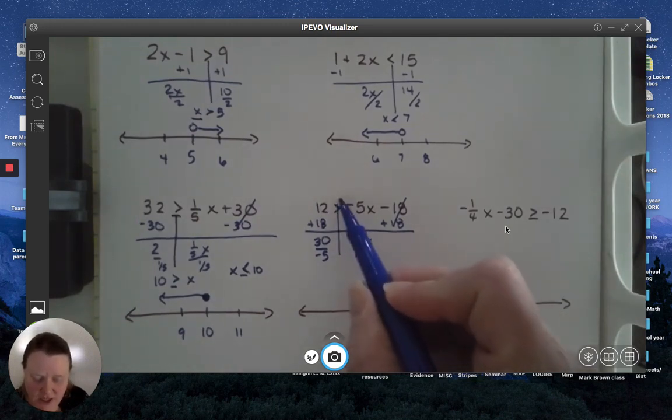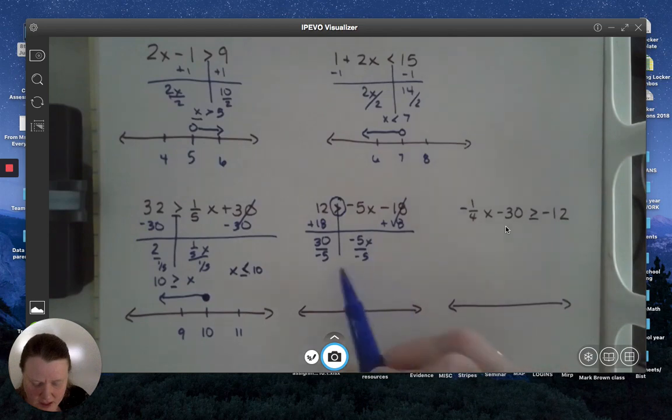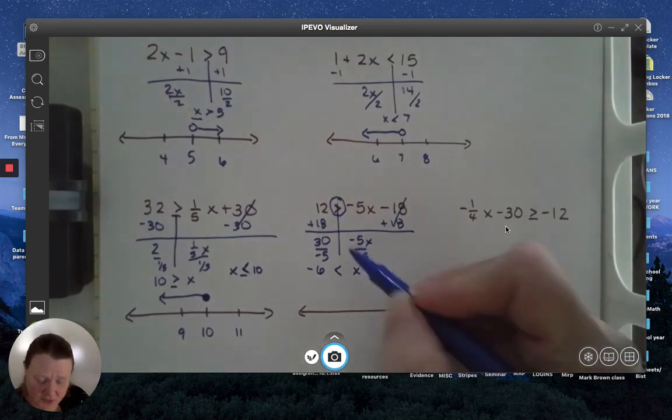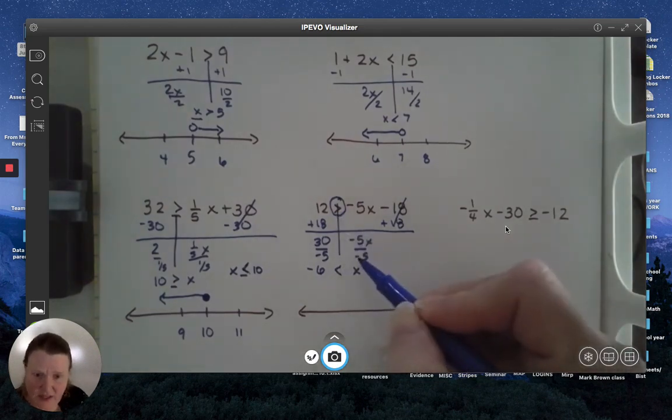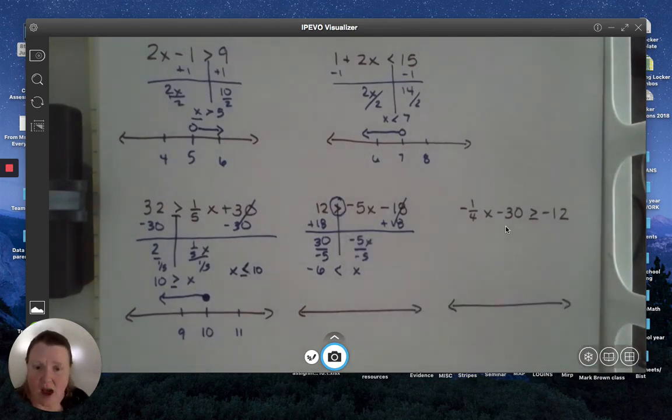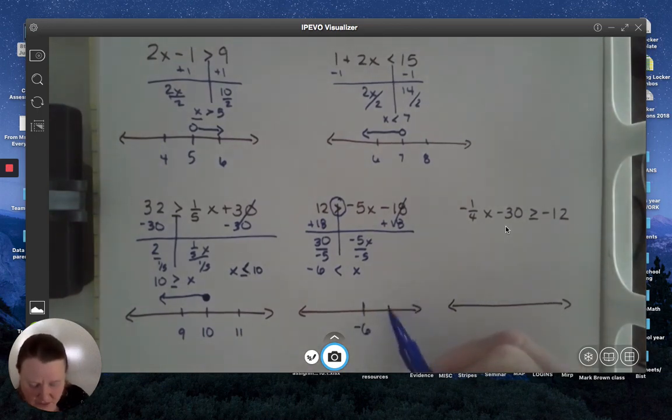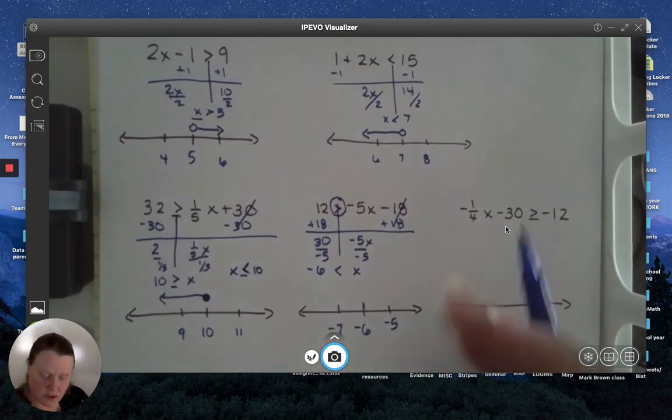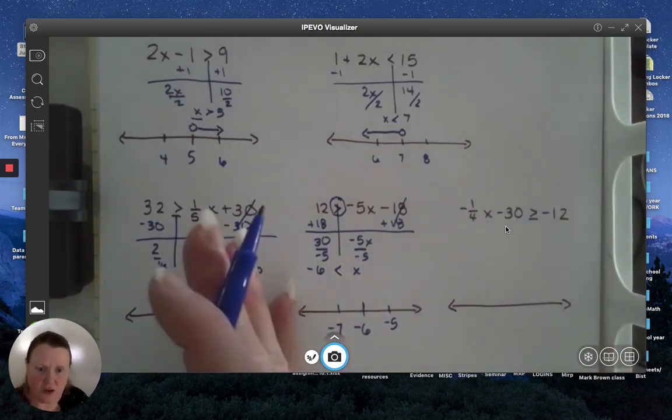So that would change this symbol right here to be a less than. And then this would be a -6. So I have done a flip because of this negative sign right here. Now I also am going to go ahead and do the -5 would be on this side this time, and -7 would be on this side, so that the larger numbers are here and the smaller numbers are here.